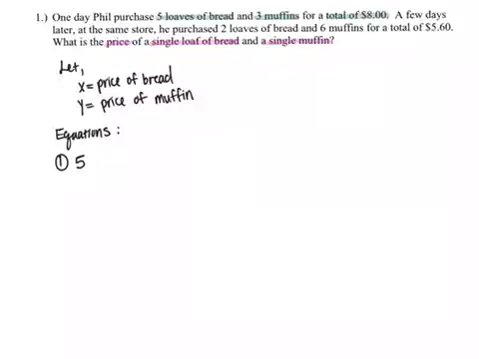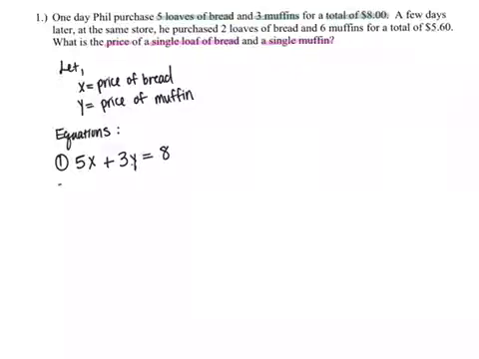But I don't know what the price is, so I'm going to multiply that by X, because that's what I made X to be, the price of bread. And then I'm going to add that to the price of 3 muffins, so that's 3 times Y. When I add these two terms together, I get $8. So I'm just going to write 8.